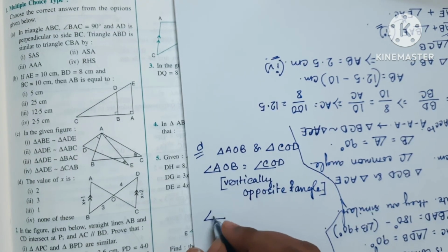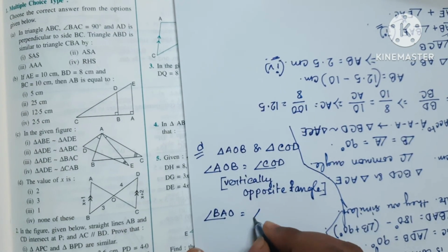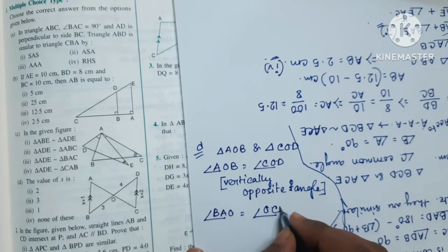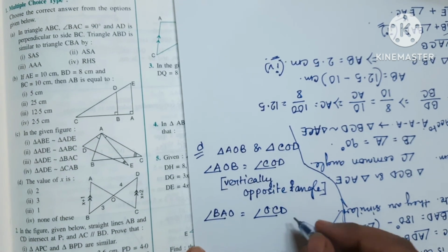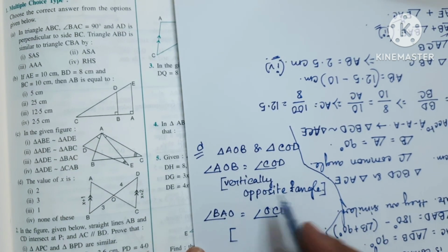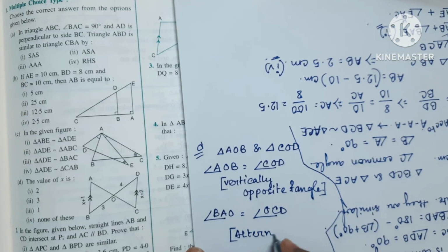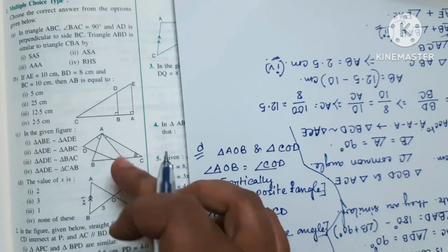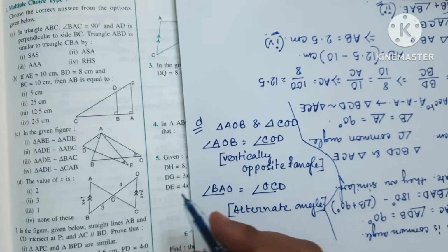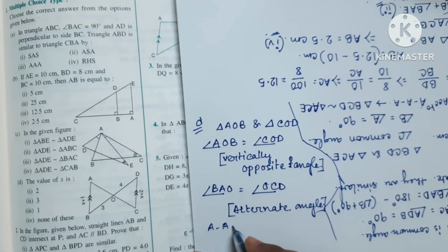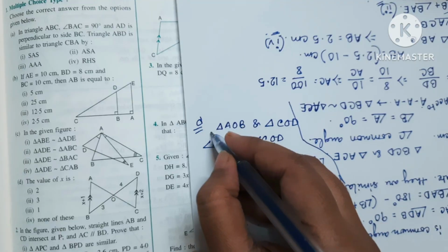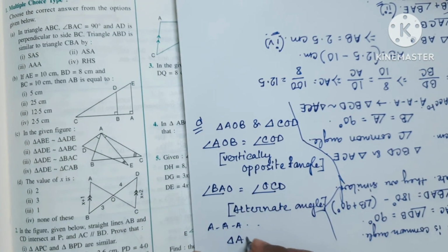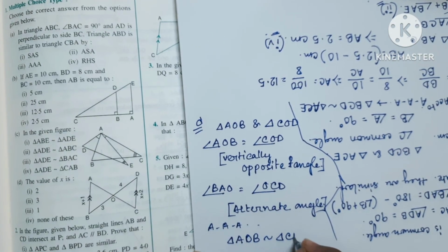Now, angle BAO is equal to angle OCD. Why? Because they are alternate angles, right? So they are basically alternate angles. Now, according to AAA postulate, these two will be similar. So triangle AOB is similar to triangle COD.